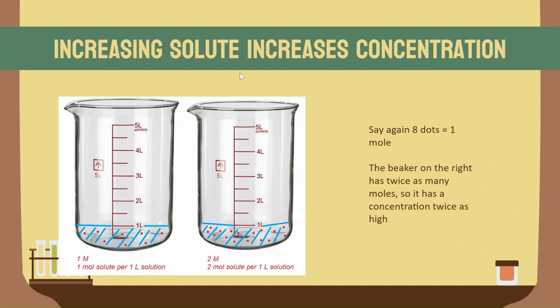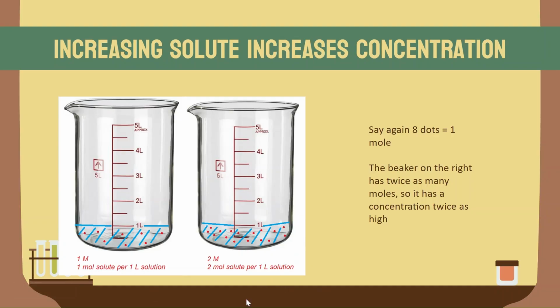And then we said before, increasing the solute increases the concentration. So here's just an example of that with molarity. And again, we're just going to pretend that 8 dots is 1 mole. So here, if I keep the amount of solution the same, so these examples both have 1 liter of solution, but on the right, I've got twice as many moles. I've got twice as many of those red solute dots.